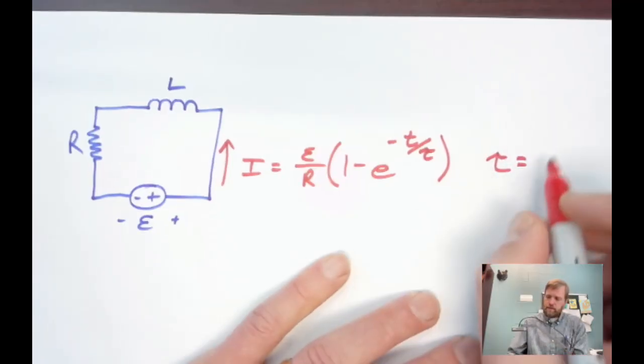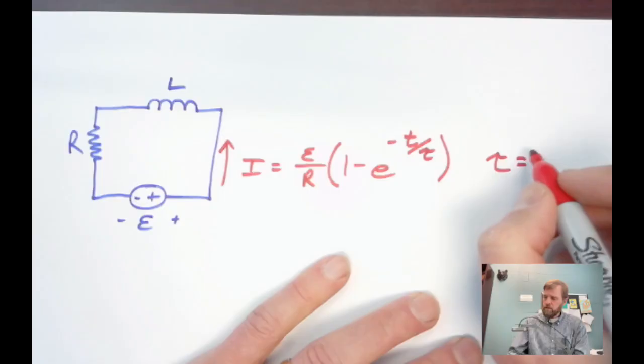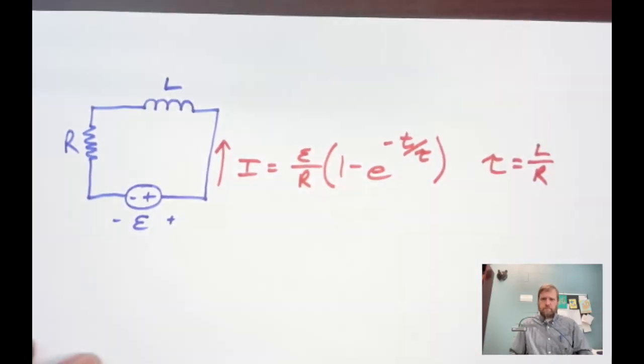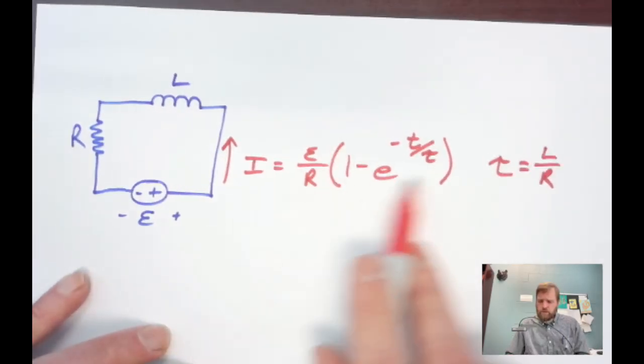Tau is L over R. Okay. So let's look at this equation.